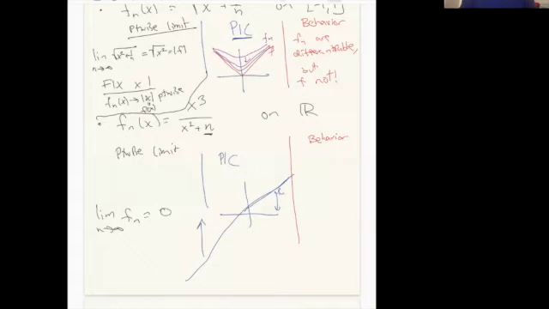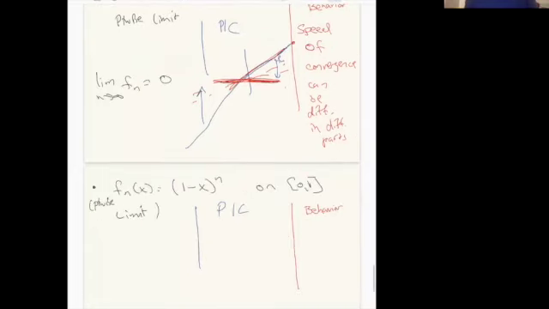So this indicates that the speed of convergence can be different in different parts. So, okay, everything here will tilt towards the 0 function, but at different speeds. So if you're far away, you don't converge very quickly.